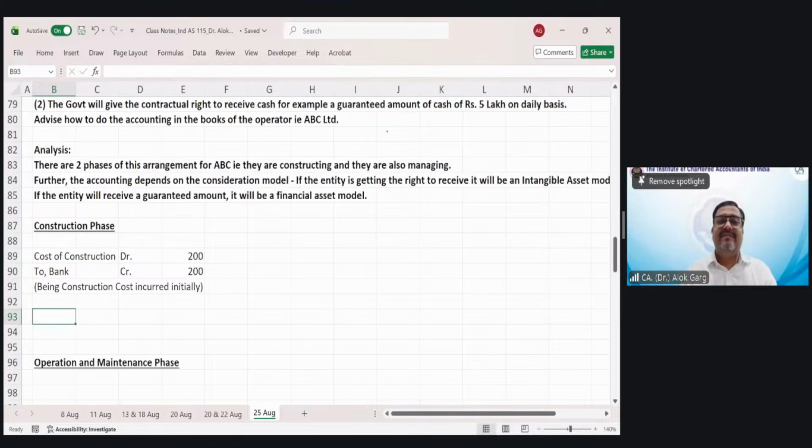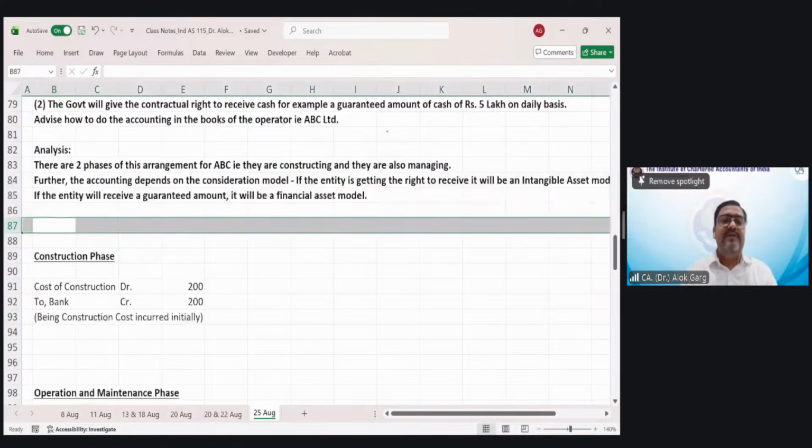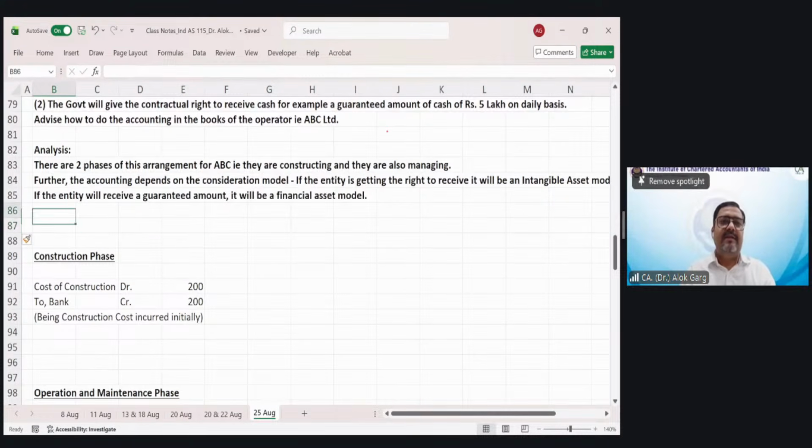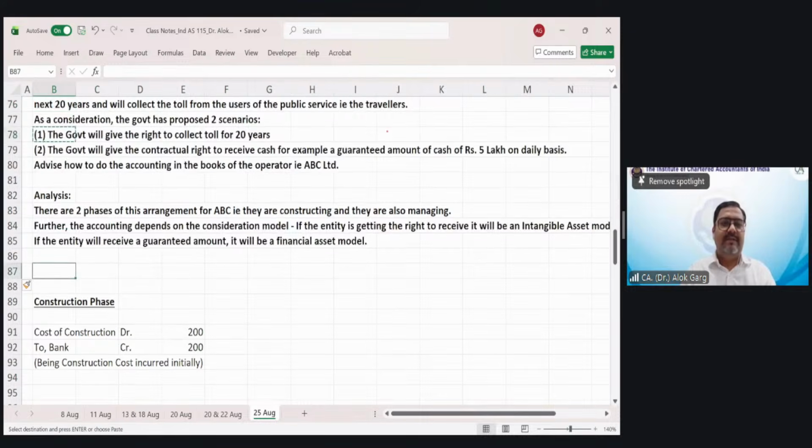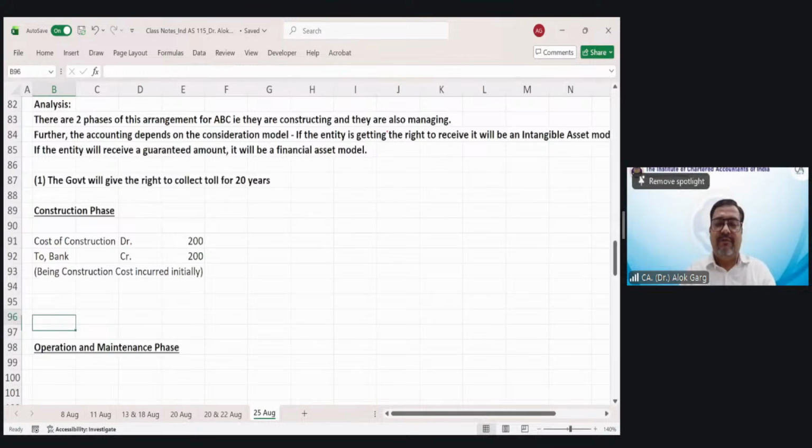So in this case, for example, it is an intangible asset model. For example, it is situation number 1. What will be the accounting entry?